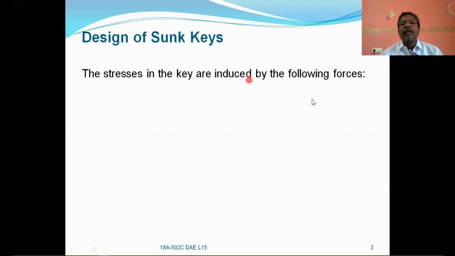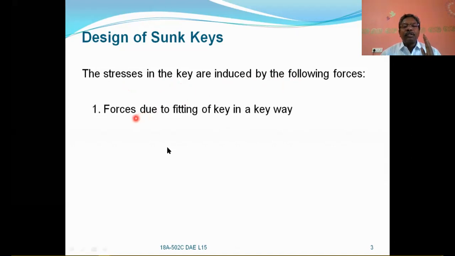Stresses in the key are induced by the following forces. Number one, the forces occurring due to fitting of the key in the keyway. While setting the key in the keyway, we may fit it by force. Especially some keys have to be driven into the keyway by applying some force. So due to that fitting, some forces are produced in the key.